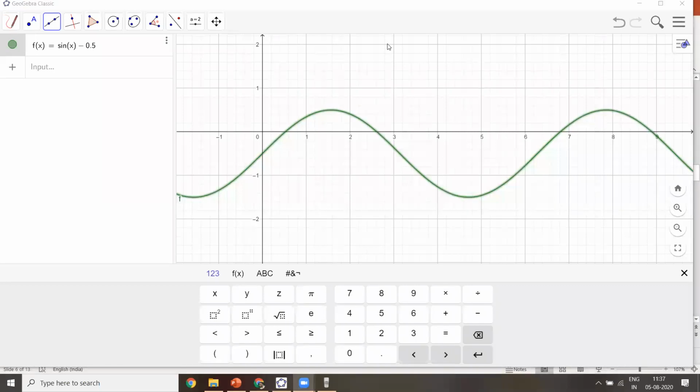Is this graphical plot visible to you? Okay, yes, thank you, Heman.